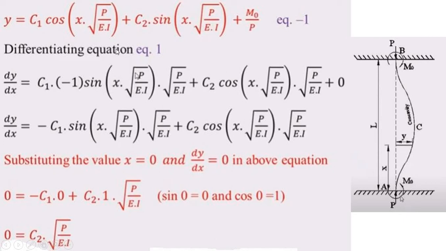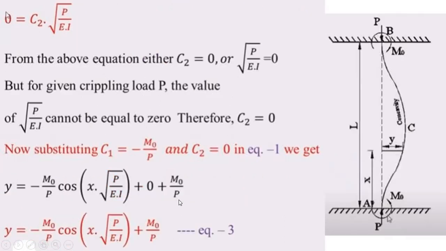Differentiating the equation and substituting the values x equal to 0 and dy by dx equal to 0, you will finally get the equation 0 equal to C2 into under root P upon EI.